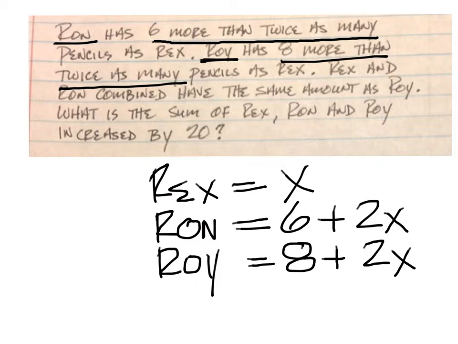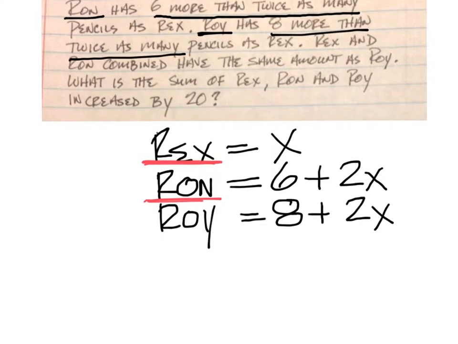Now we can read the rest of the problem and see what it is we have to do. Rex and Ron combined. So here's Rex and Ron. When they're combined, that means we're going to have to add them together. So let's do that. Rex is X and Ron is 6 plus 2x.